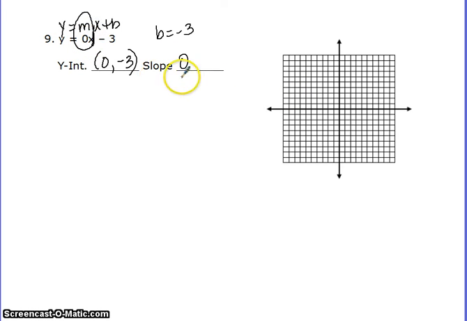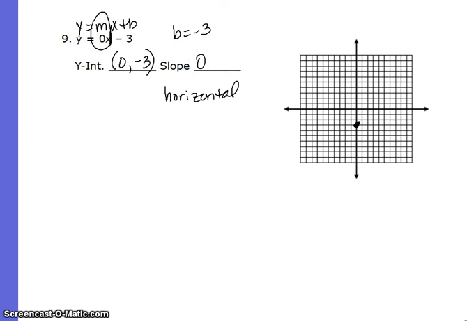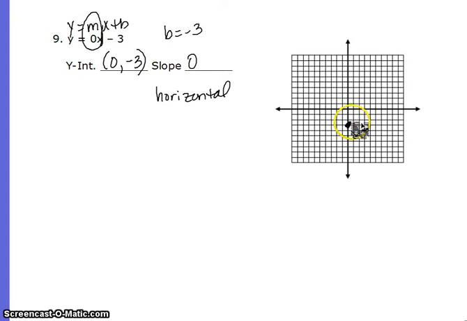Now, remember, a slope of 0 is a horizontal line. You should be showing me with your arms. So we plot 0, negative 3, and we draw our horizontal line using a straight edge all the way across the grid, arrows on the end.